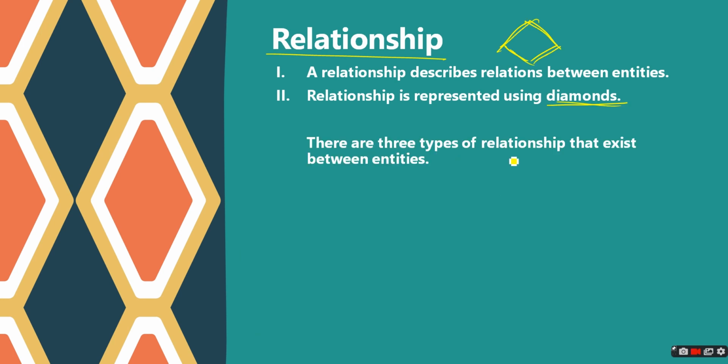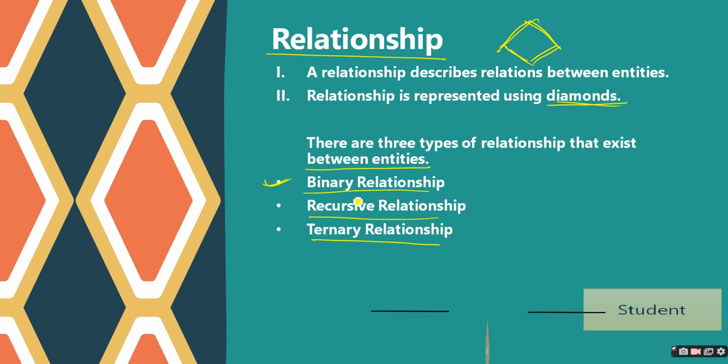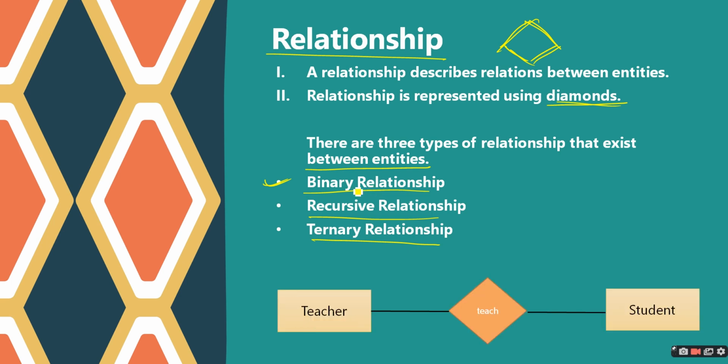There are three types of relationship that exist between entities: binary relationship, recursive relationship, and ternary relationship. We are going to discuss only binary relationships for now. Relationships are basically relations between two entities.